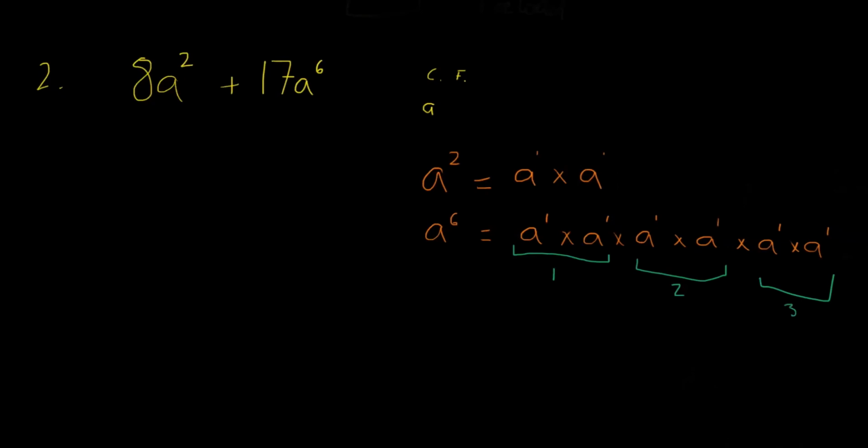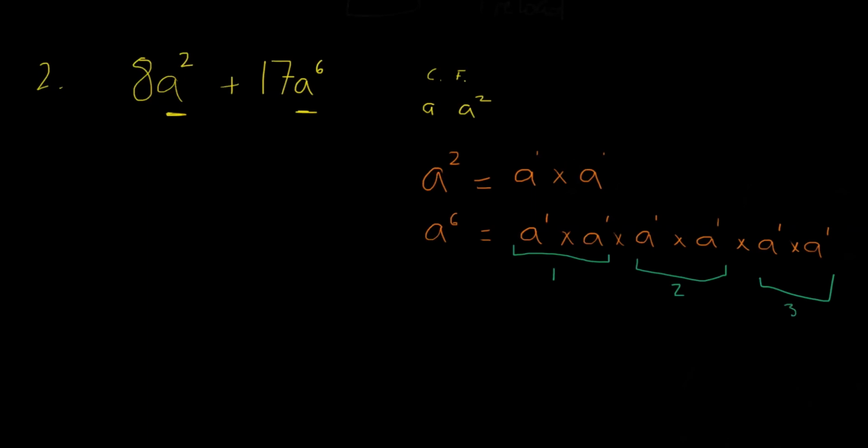So my other common factor, remember, we're always after the highest common factor. The common factor here is also a squared, because a squared is common to both. It's common there, and it's common there, because I've got 3 times a squared in a to the power of 6.